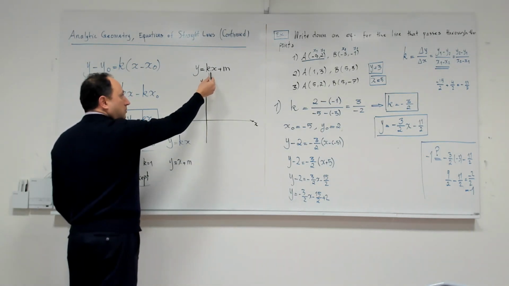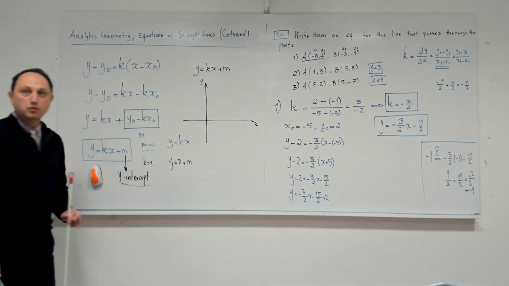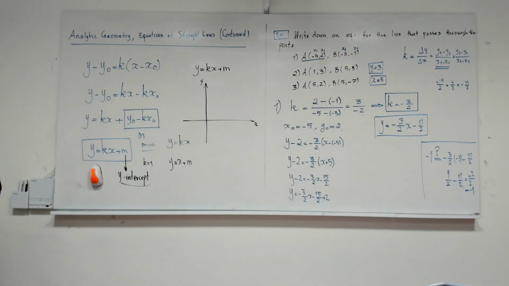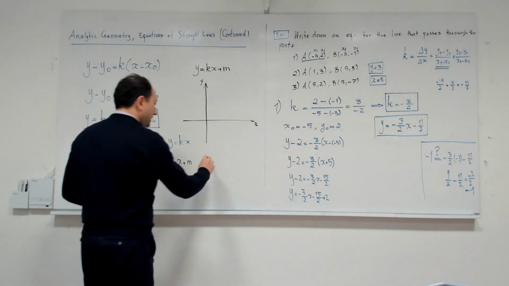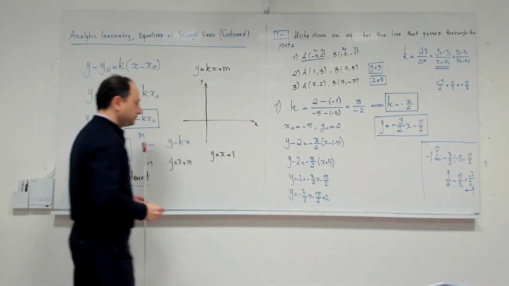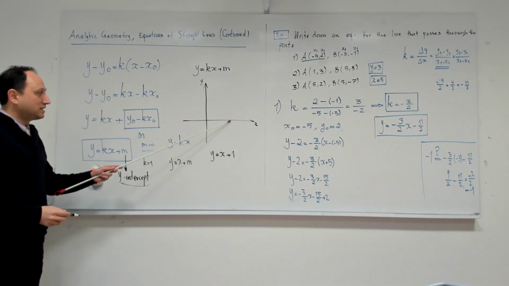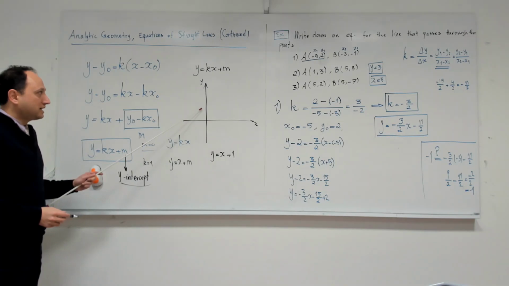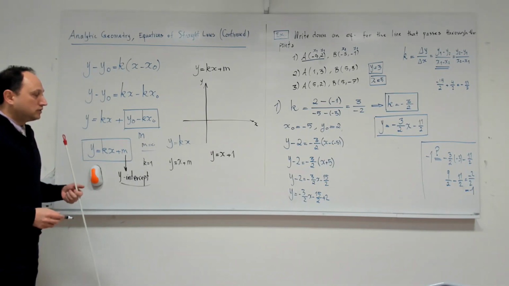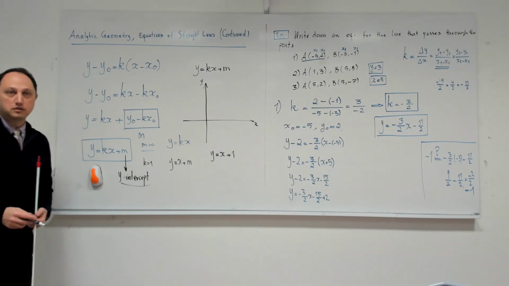This line might intersect the y-axis at some point. I want you to find the coordinates of that one. Let me make the question simpler. If I ask you to draw this line, for example, then this line will intersect the x-axis at some point and the y-axis at some point. I want you to find the coordinates of those points. How do you do that?